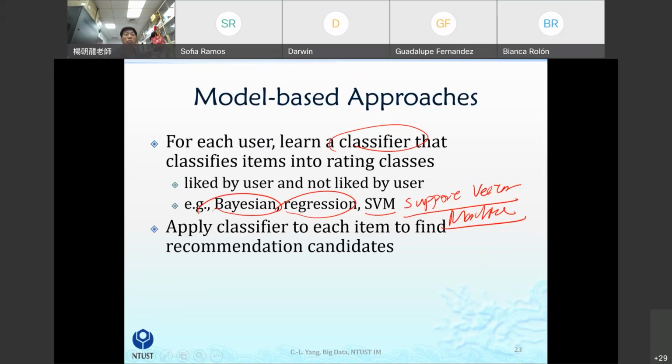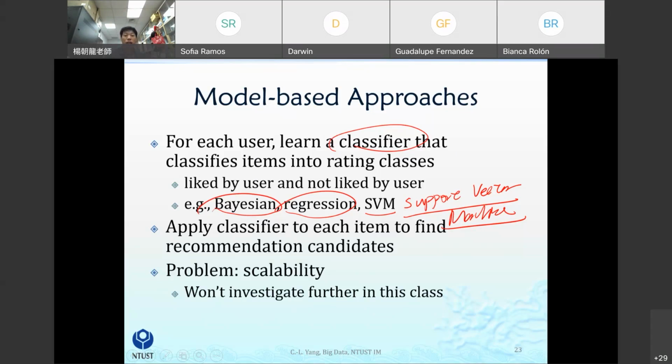And so you want to apply the classifier. The classifier says, hey, there's an unknown blank there, and are we able to classify the particular item into a certain type? Okay. And then we try to find the recommendation candidates. So that would be used for the recommendation system.